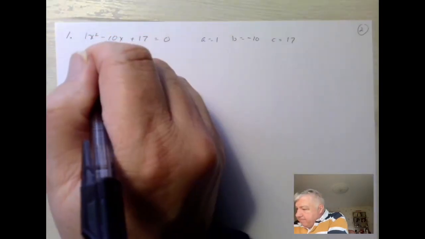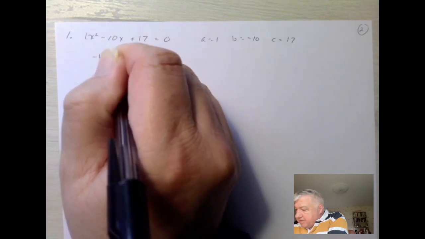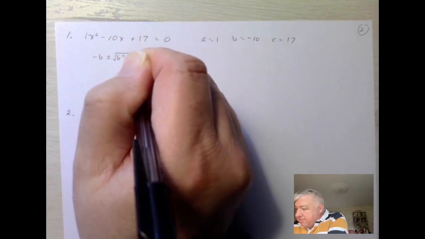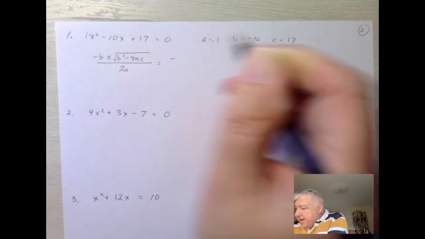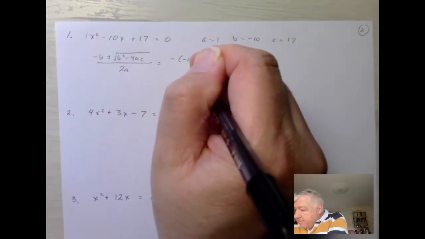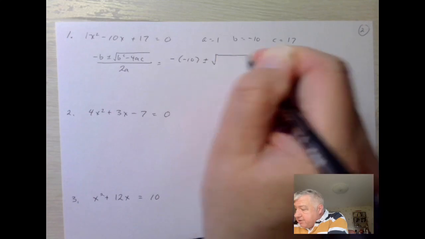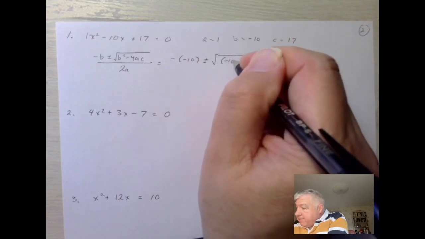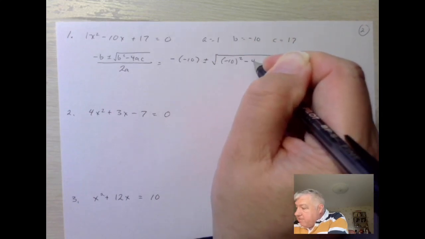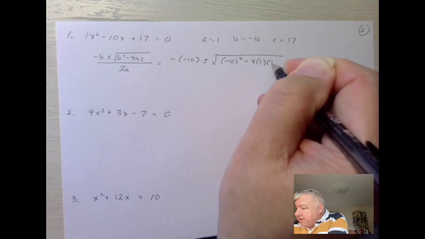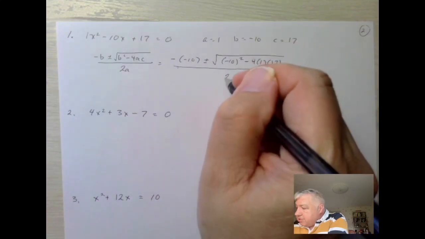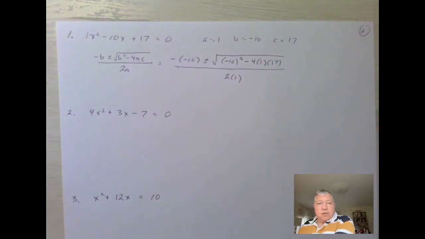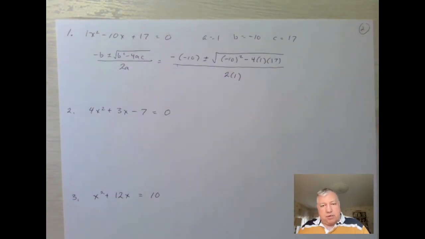So negative b plus or minus the square root of b squared minus 4ac over 2a becomes negative negative 10 plus or minus the square root of negative 10 squared minus 4 times 1 times 17, all over 2 times 1. Okay, and now we just have to take our time simplifying.